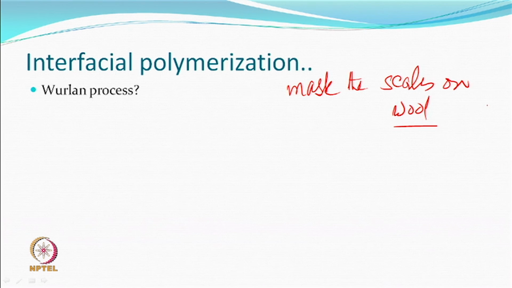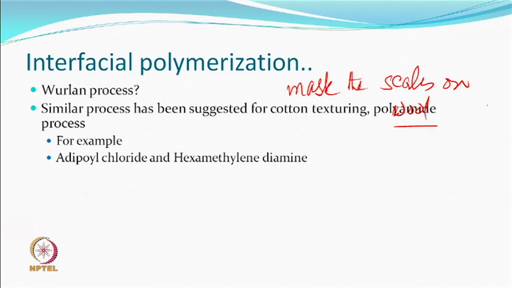So, the Verlan process used an interfacial polymerization method to coat the fibers. A similar process was tried for texturing also, and they called it a polyamide process, because you were generating a polyamide on the surface.